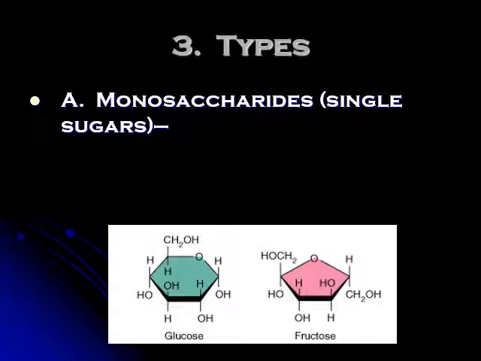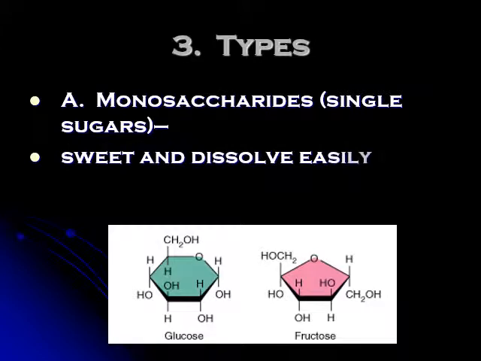That's what monosaccharide means. These are very sweet, and they dissolve very easily as well. Common examples are glucose and fructose. Glucose is sweet. You can taste it. It dissolves very easily. Fructose is also sweet. You might have heard of high fructose corn syrup. That's a common product found in many food items.